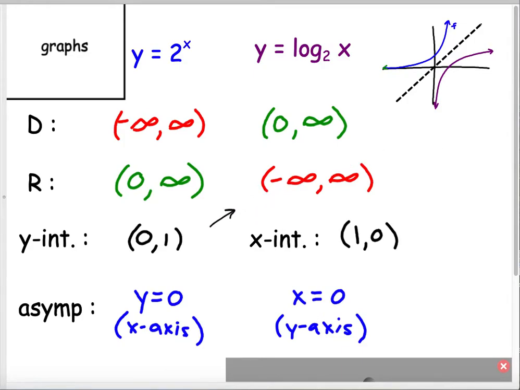If the exponential contained the point (0, 1), its inverse would contain the point (1, 0), because we switched the x's and the y's. It's really important to always keep this in mind as we progress through this unit and talk about logs, especially when we start solving equations and realizing that for a log equation, the input has to be positive.